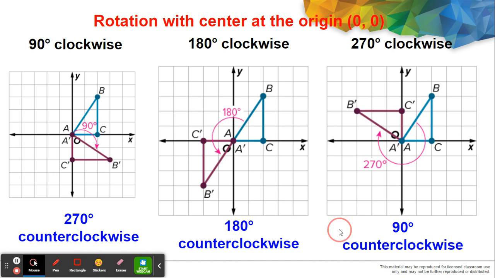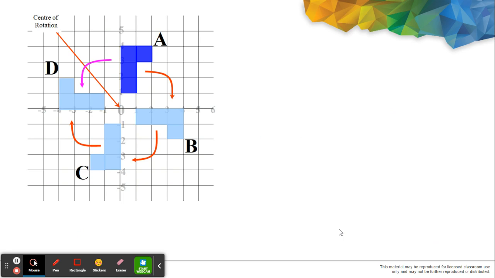So to give you a better view of how rotation looks, this is an example of a complete rotation. As you can see, our pre-image is this blue letter L, letter A, and this one is rotated clockwise. This is what will happen to our image A if it is rotated 90 degrees clockwise.